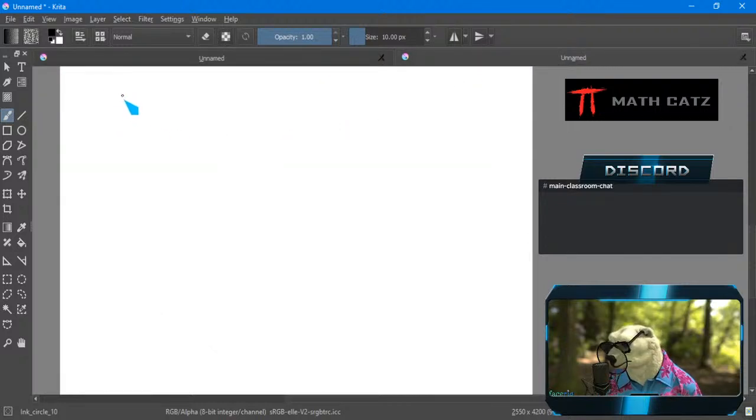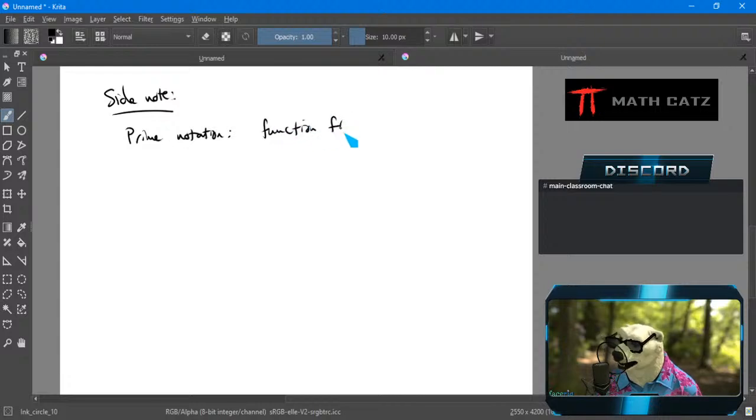flexibility. Okay, so let's just go on a side note here. Let's have a side note where I just want to explain the different ways we can write the derivative. One is the prime notation, where if we have my original function and it has a name, f of x, then the derivative function is called f prime of x.